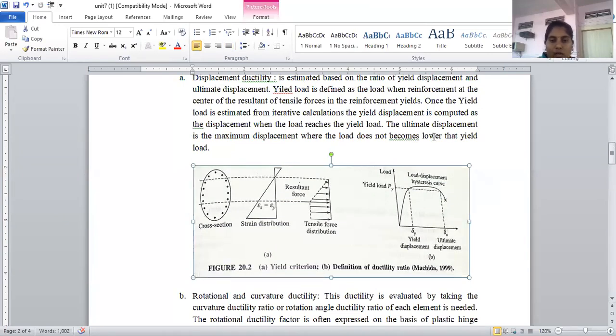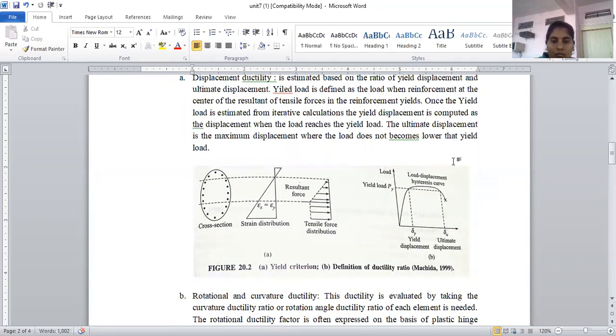Now you draw this figure. I will wait for 2 minutes.